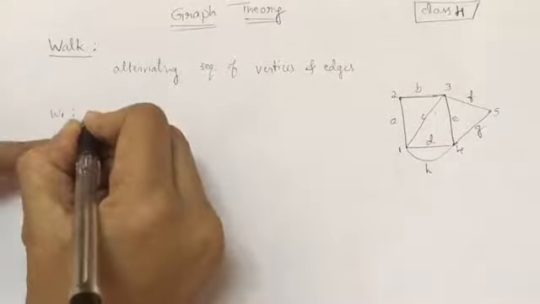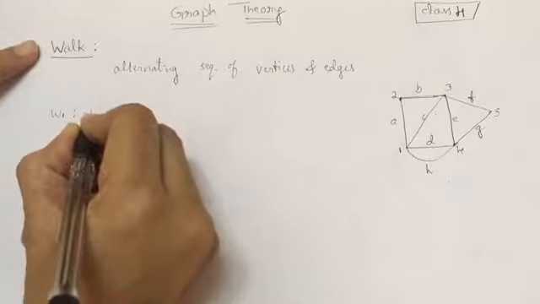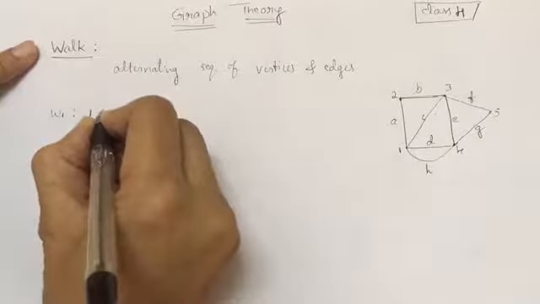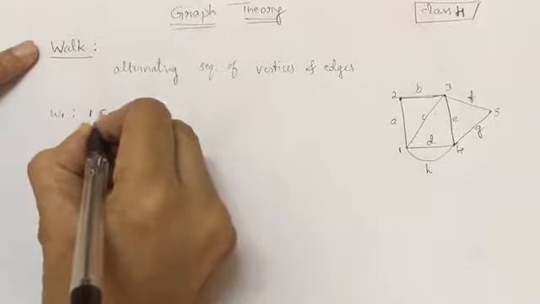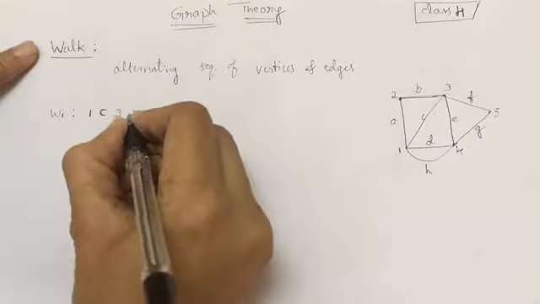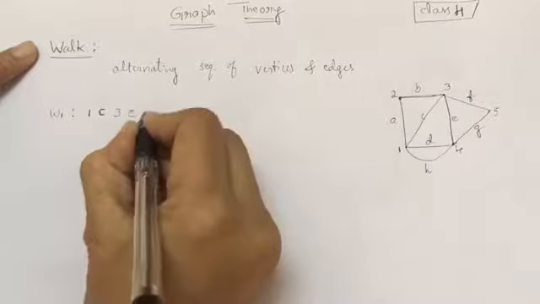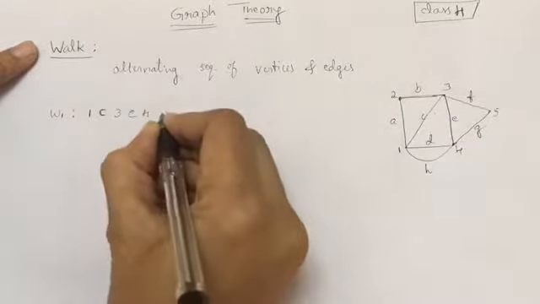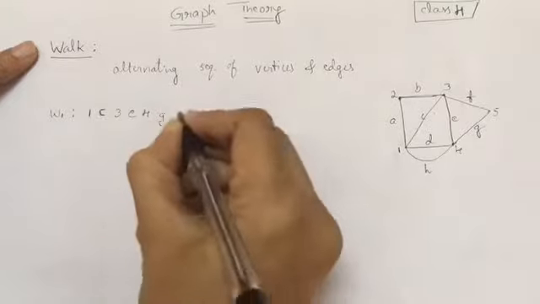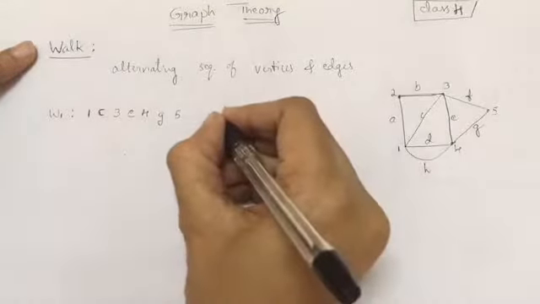Let me write: first it always should start with a vertex, so vertex 1, then edge C, then vertex 3, then edge E, then vertex 4 and edge G, then vertex 5. So this is a walk.